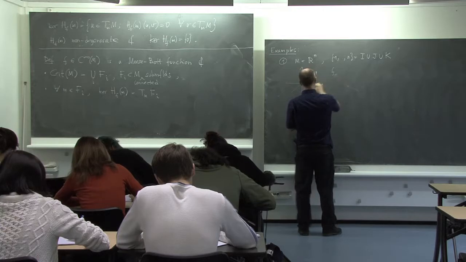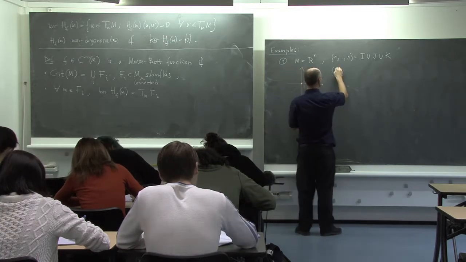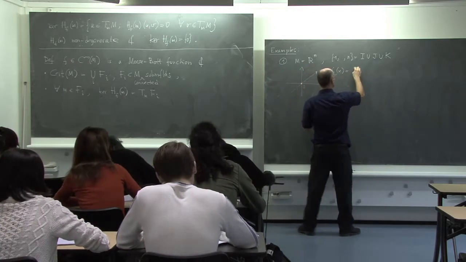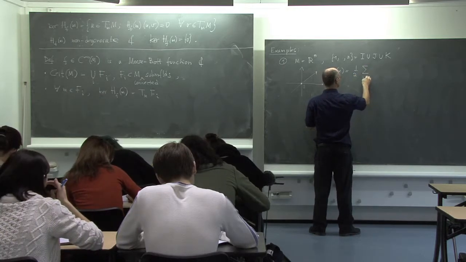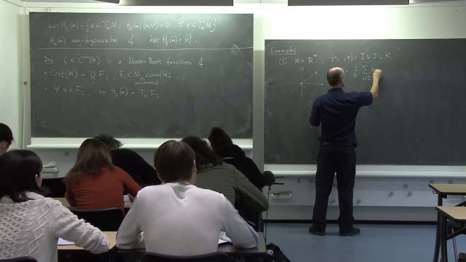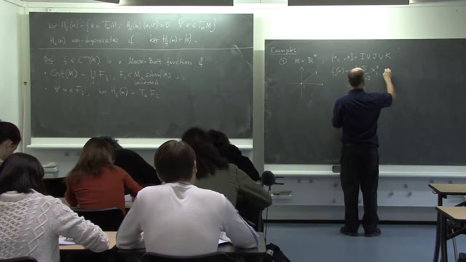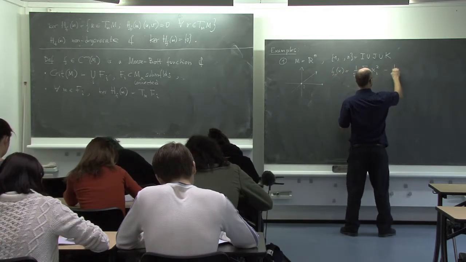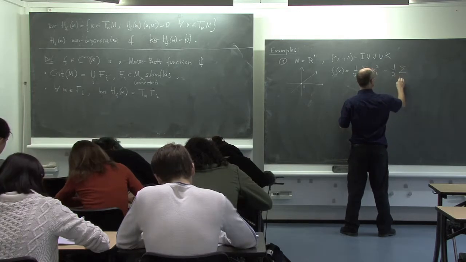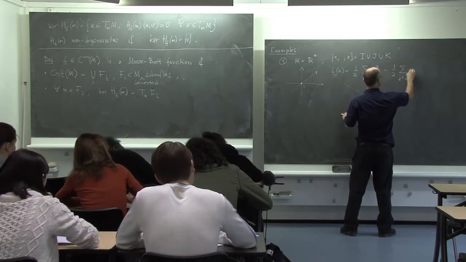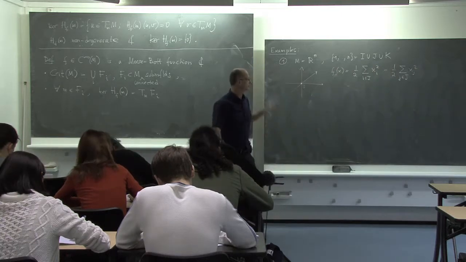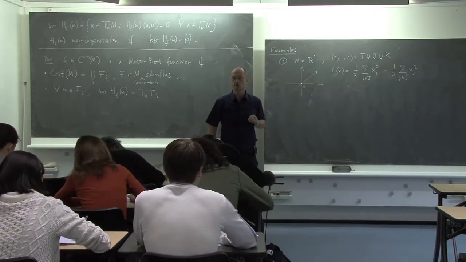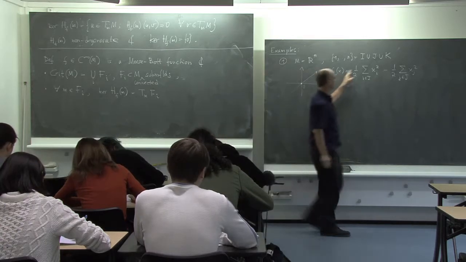And I'm choosing my function near the origin, which is just 1/2 sum over i in I of x_i squared minus 1/2 sum over j in J of x_j squared. And as you see, there is no dependence on the coordinates in the last set.